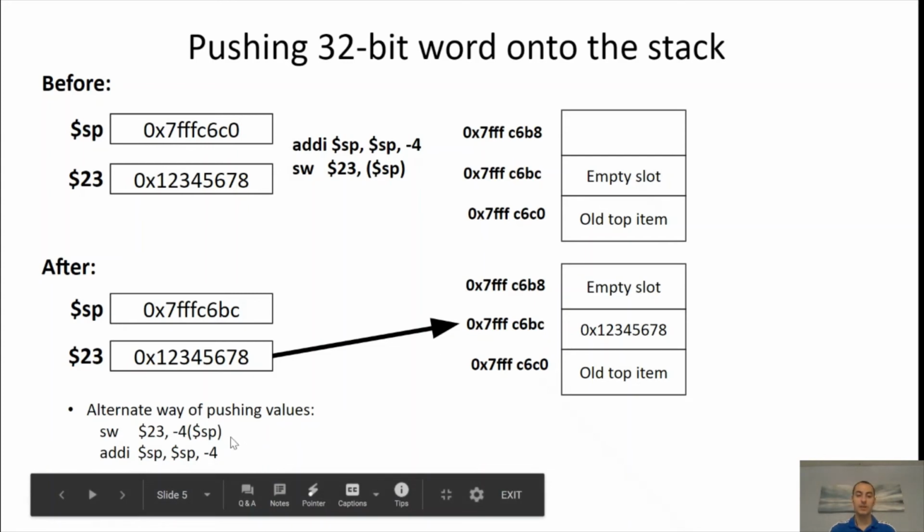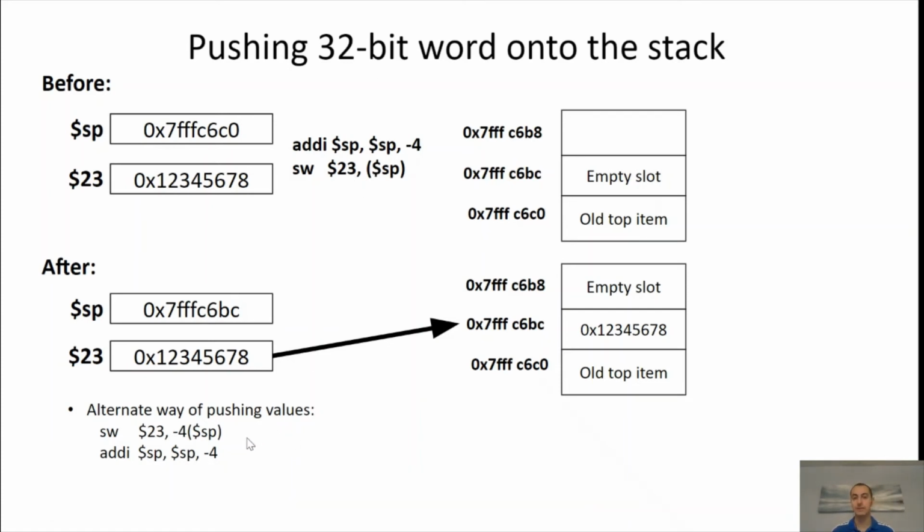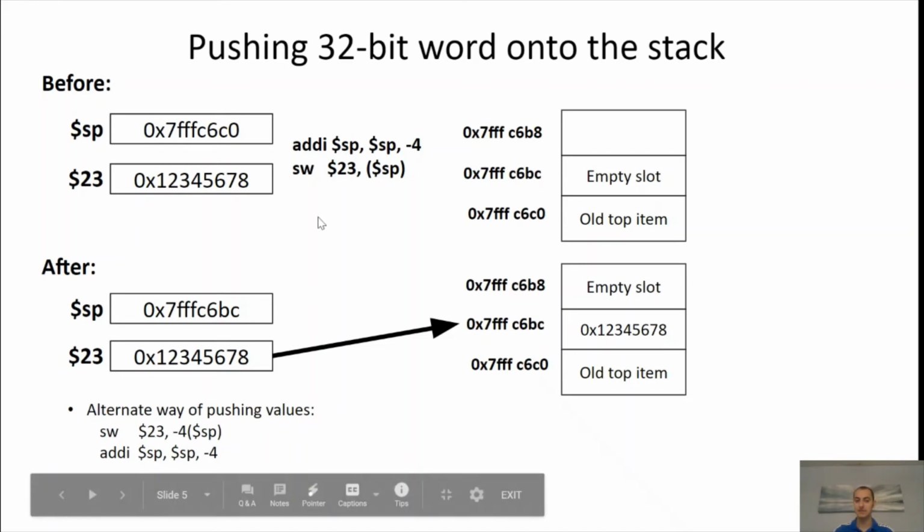So probably you are wondering which way is better, or why would we use one way versus another way. It's not a big difference. Basically, it's the same concept, right? But there is one benefit to this second method that makes me prefer it.